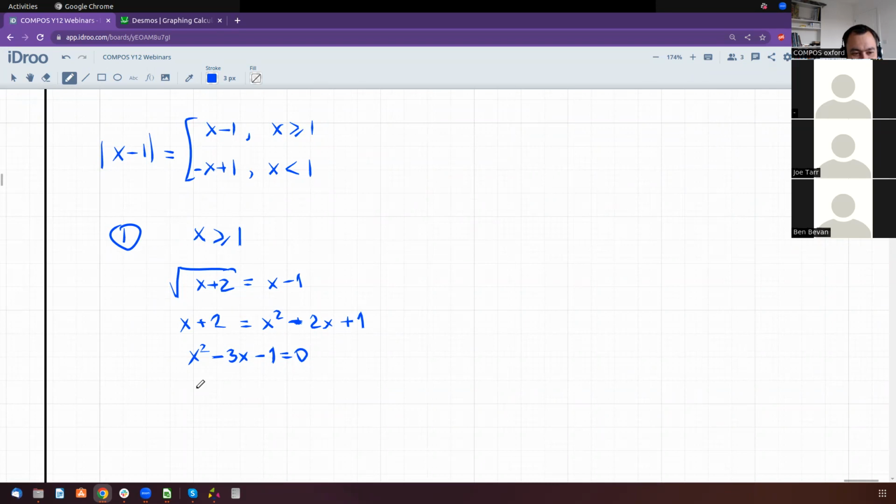Add to 3, multiply to 1, there's no such pair. Well, there's nothing really you can do about it. Just use the formula. So x is equal to 3 plus or minus square root of 13 over 2.